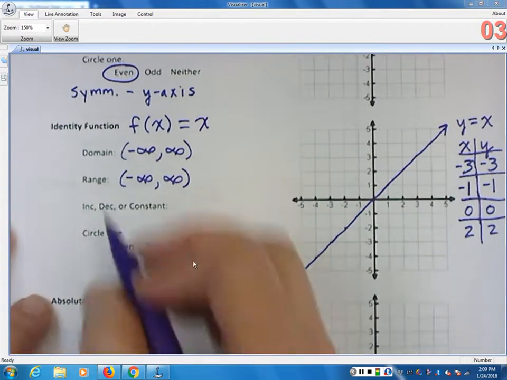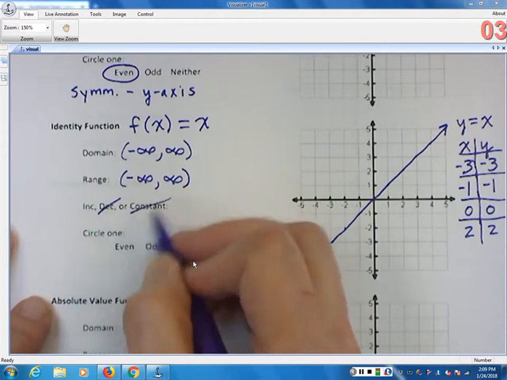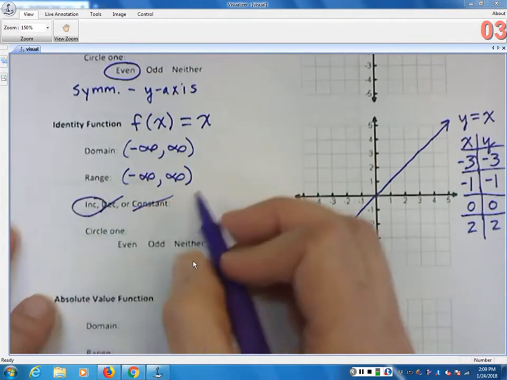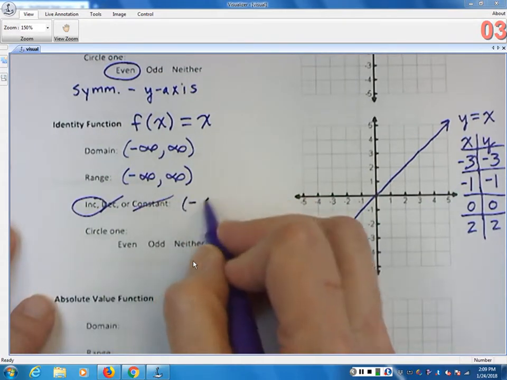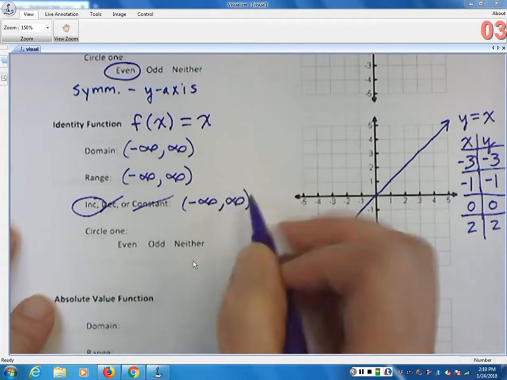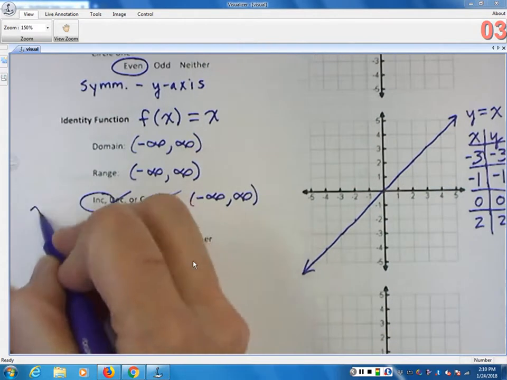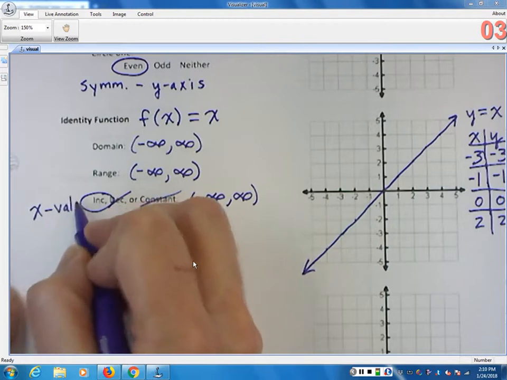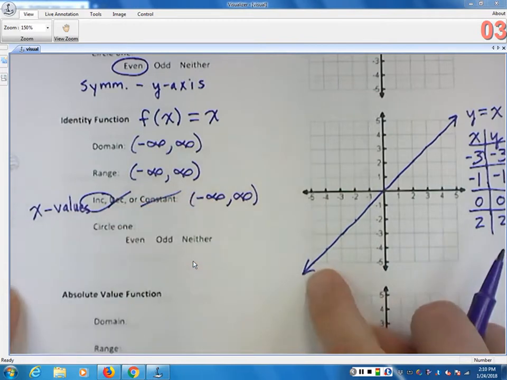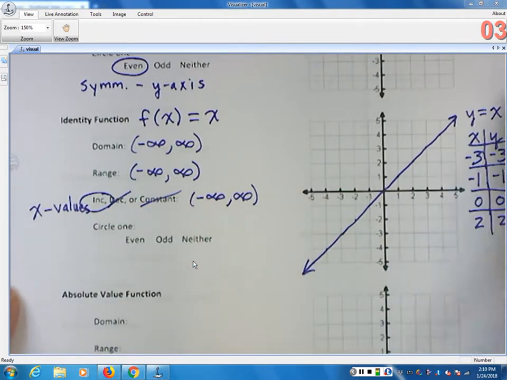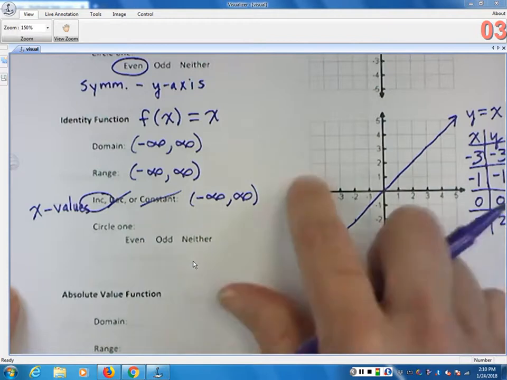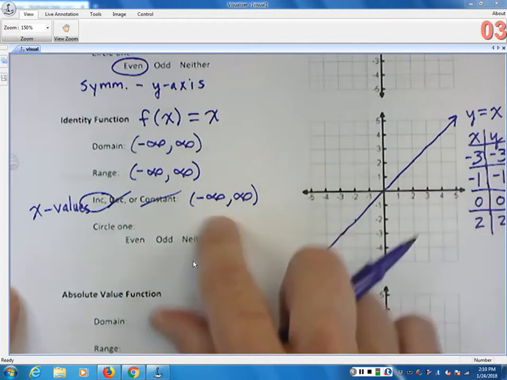And it's not decreasing or constant, it's increasing the whole time from -infinity to infinity. This is its whole domain. We're always talking about the x values where y is rising. Y is rising the whole time from left to right, so the x values are the whole domain.